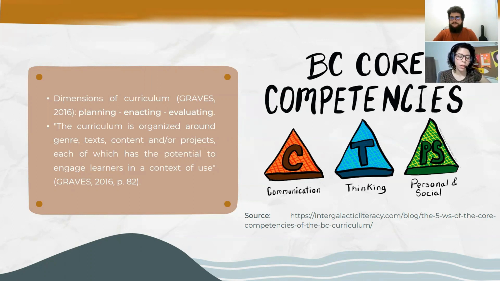First, the intended curriculum, which is the content students are expected to learn. Second, the enacted curriculum, which refers to what learners learn and what teachers teach. This is what happens in the classroom, the interactions between students and teachers.